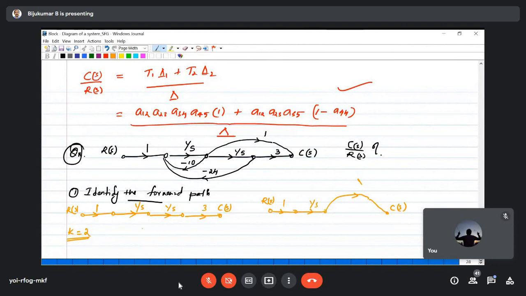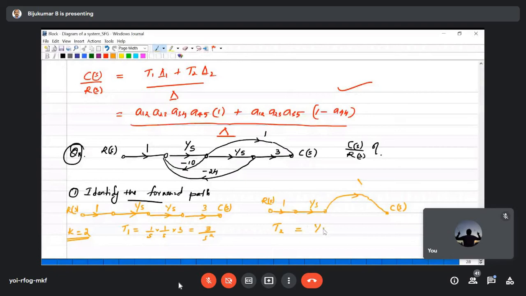So the next step is to find out the forward path gains. T1 is 1 multiplied by 1 by S multiplied by 3, which is equal to 3 by S square, and T2 is equal to 1 by S.